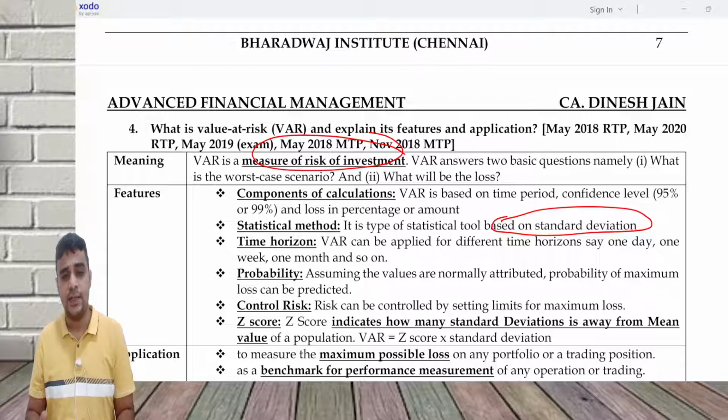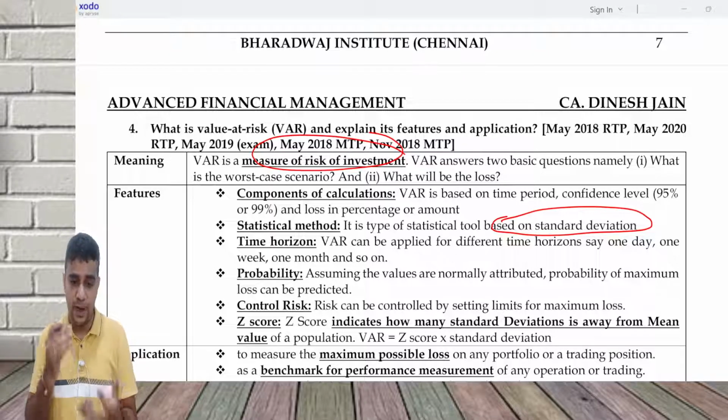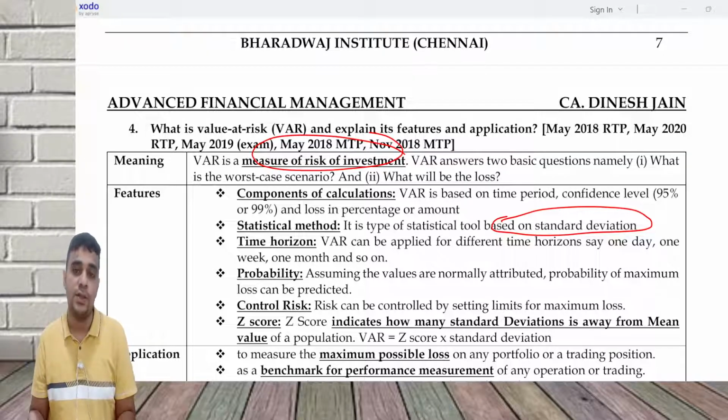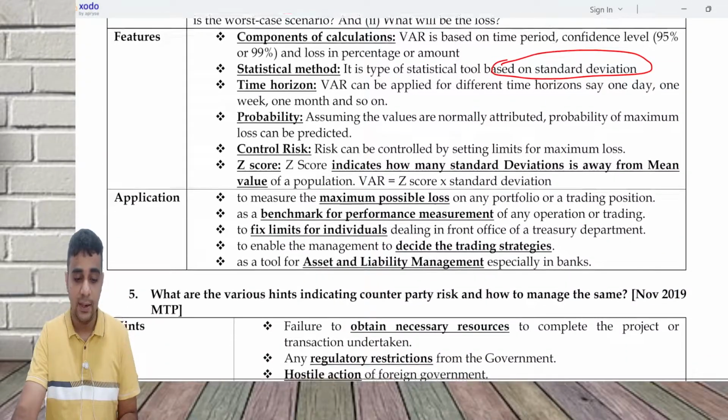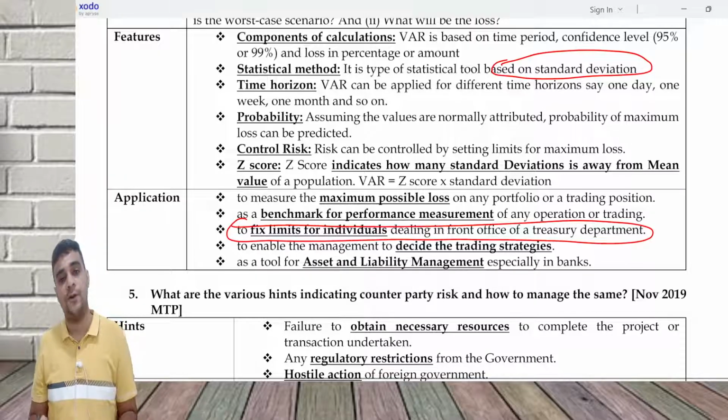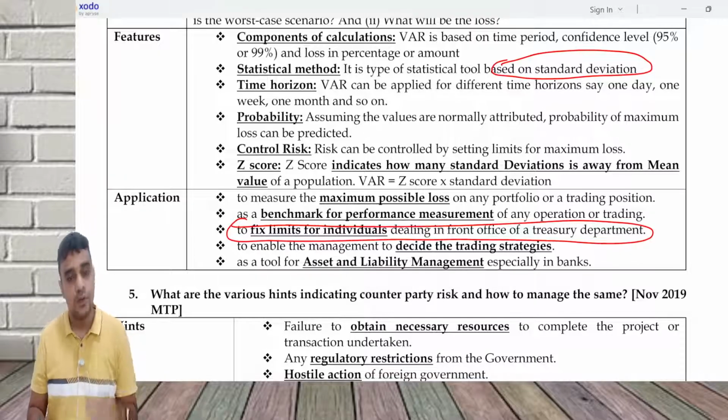So if I'm a banking company where people are buying and selling foreign currency or other assets, I can set control limits saying that we should not go beyond this limit. I can use it to fix limits for individuals dealing in the front office of a treasury department, to decide my trading strategy, to calculate the maximum possible loss, and as a benchmark for performance measurement.